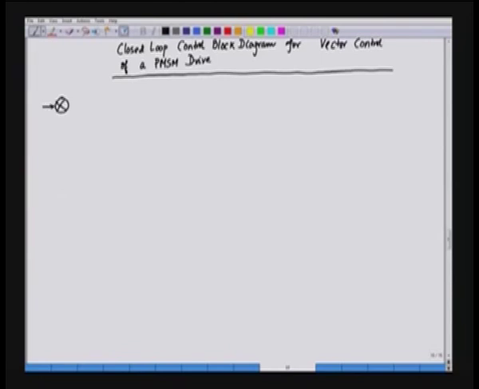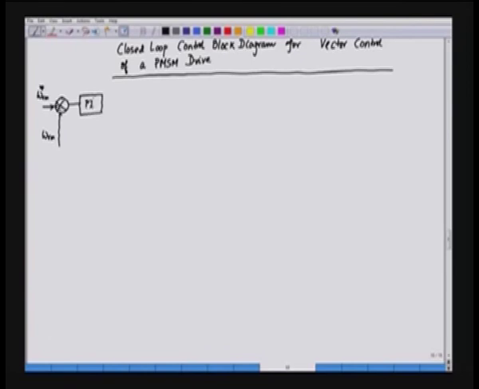This is the reference speed omega r m, and we compare that with the actual speed, that is omega r m, and what we have here is a PI controller.